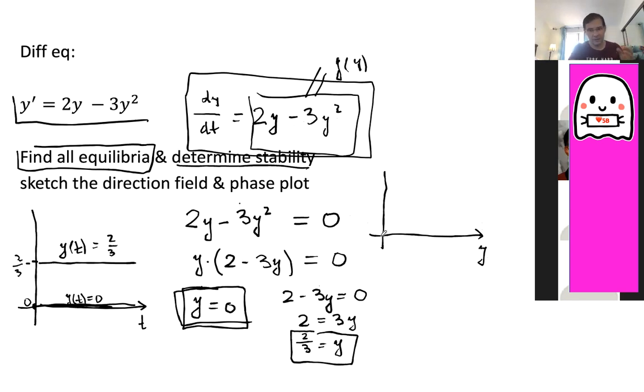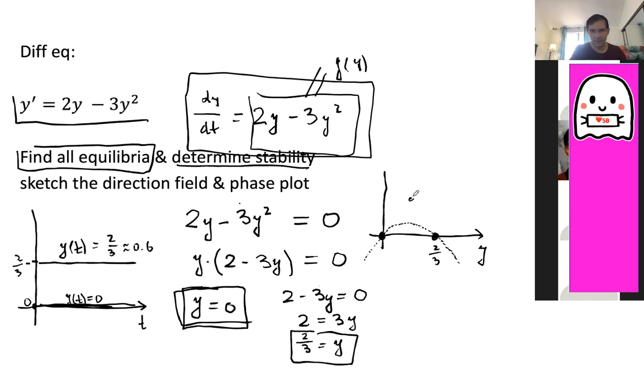This polynomial is equal to 0 at 0, so this is one root, and another root is the number 2 over 3, which is approximately 0.6 or so. It doesn't matter, 2 over 3 is a number. But how does this polynomial look? It has a negative y squared term, so the polynomial is going to look like this.